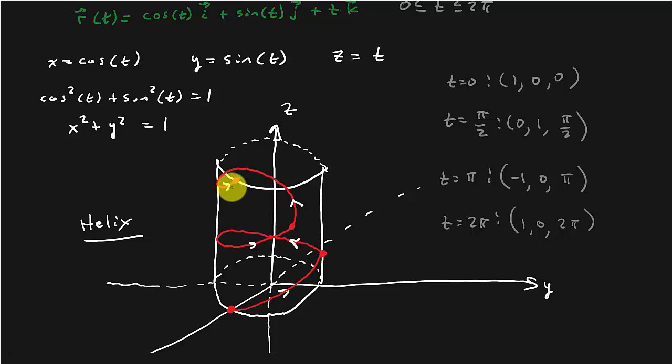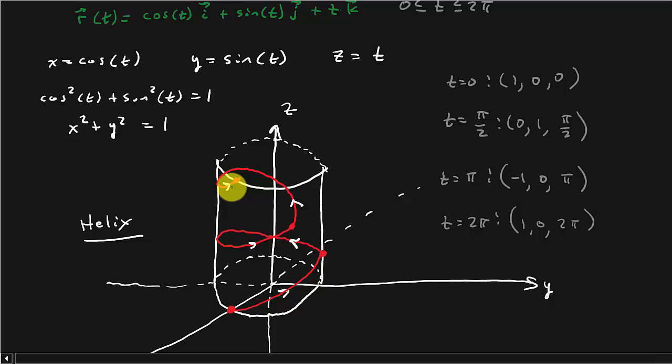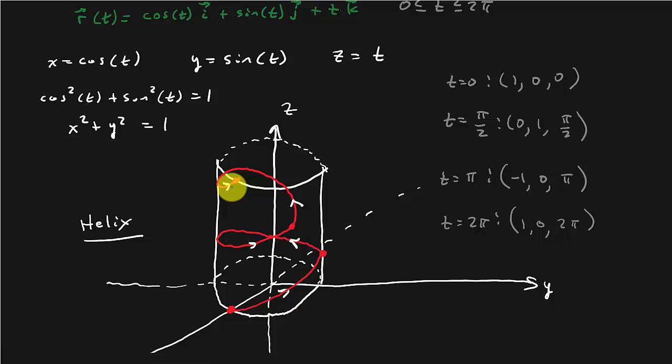But yeah, it can be kind of difficult to draw these things, but it's not too bad. But there's the graph of it. So just take your time and just take two of the components and see if you can see what's going on there.